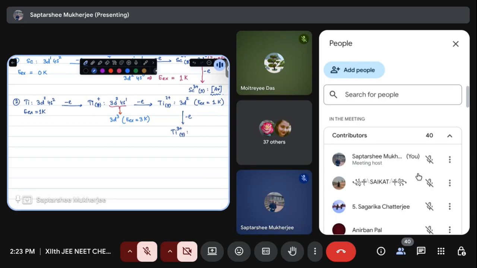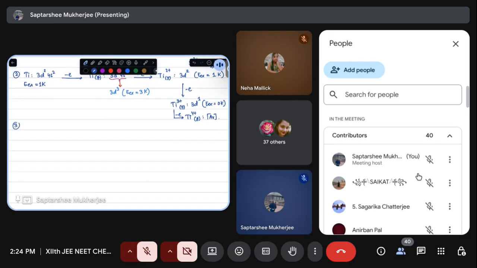What is the electronic configuration? 3d1. Exchange energy 0K. Another electron removed: titanium plus 4 gaseous. Then again, what have I achieved? Inert gas configuration. Correct.